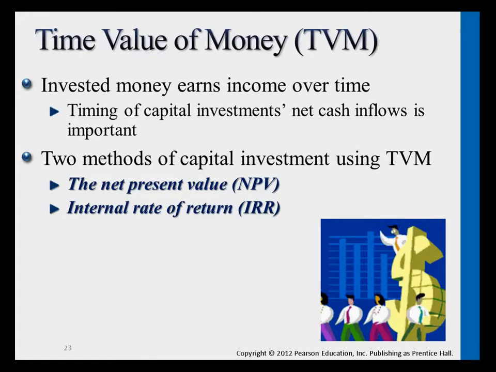That makes us understand the timing when we invest an amount of money that we've earned, hardworking, earned money. We want to make sure that when we're investing it, it makes sense and it brings us additional income. So this is very important. And there are two methods that we're going to use, the net present value and the internal rate of return.